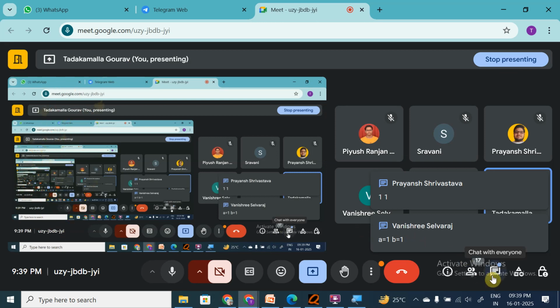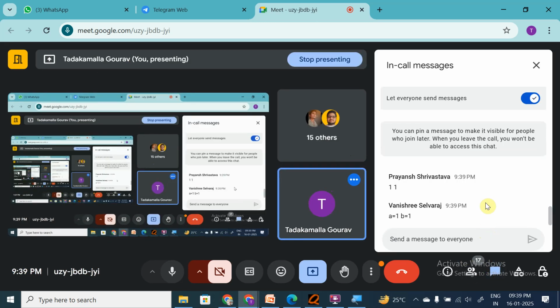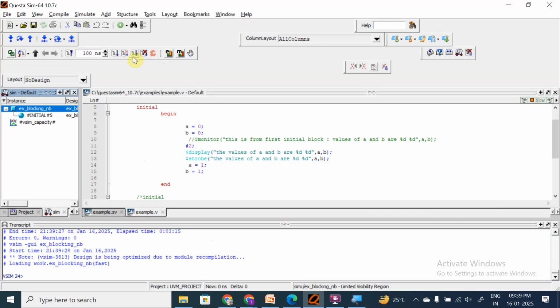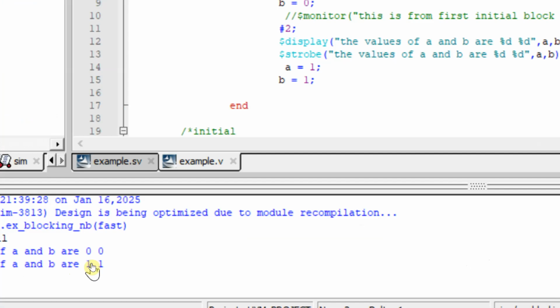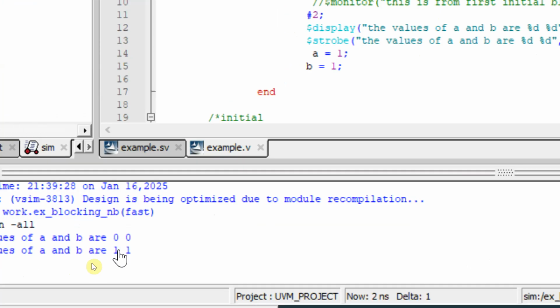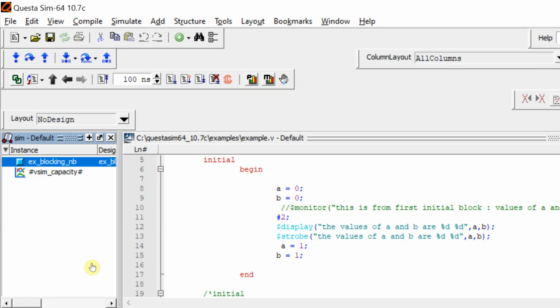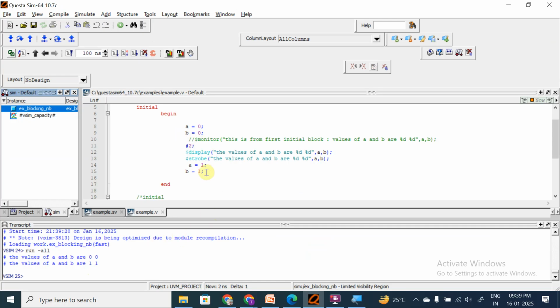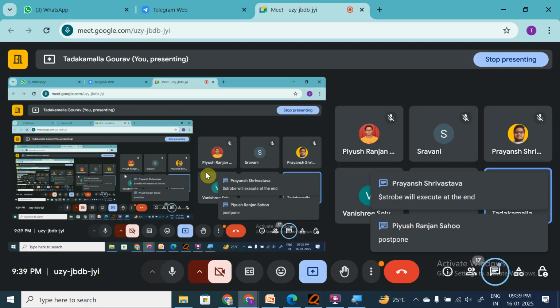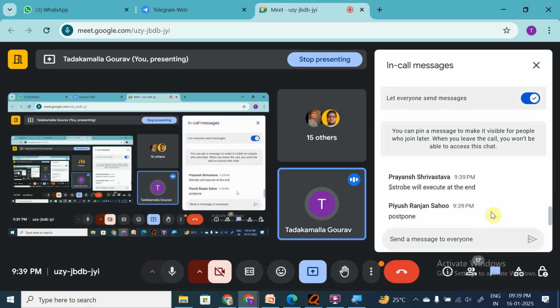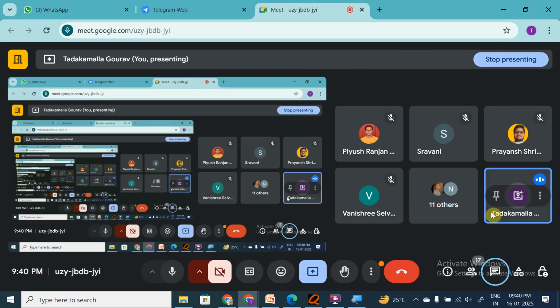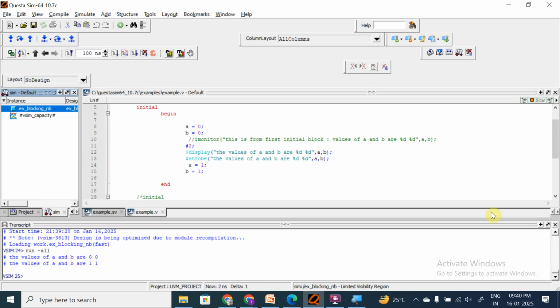Okay, let's see. So what I'm getting? A and B are 1 and 1. Why am I getting like this? Because $strobe will be executed at the end of the time step. So at the end of time t is equal to 2 units, my $strobe is going to execute, that is in the postponed region. So that's why my values of A and B are printing as 1 and 1. Is it clear?